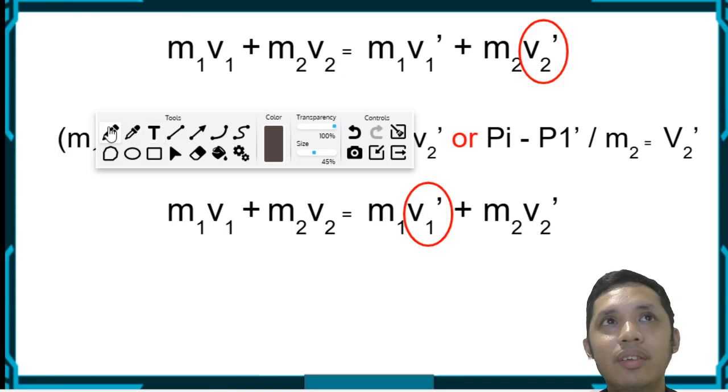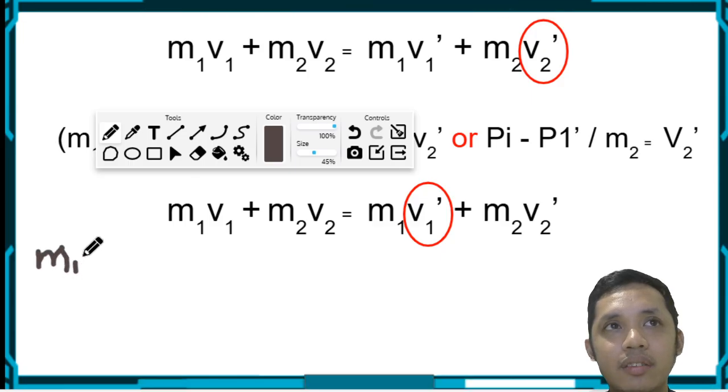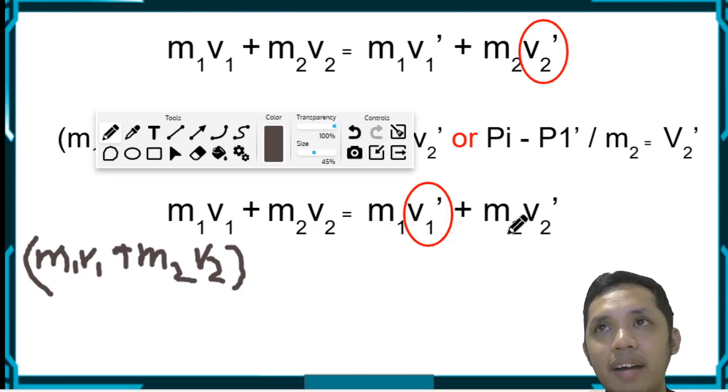So again, we need to isolate this variable on this side. So I will just rewrite these variables, and they are representing the initial or the total momentum before the collision, but I'll just express them in complete form. So m1 v1 plus m2 v2, then here we have to remove this on this side.